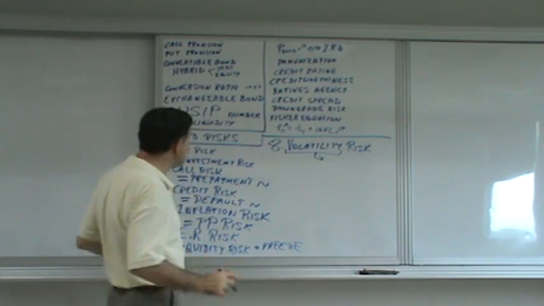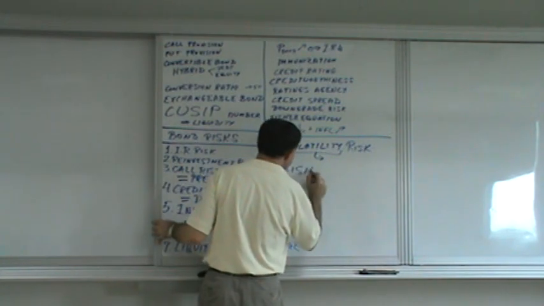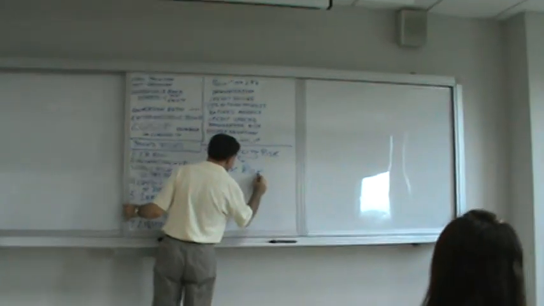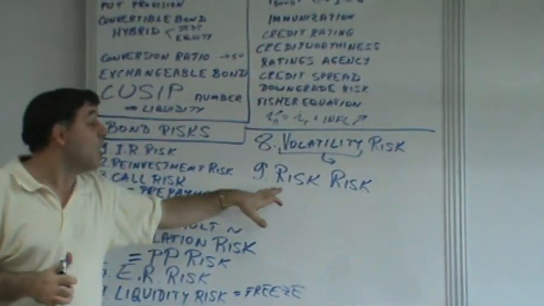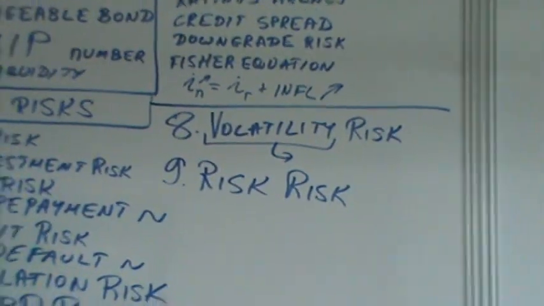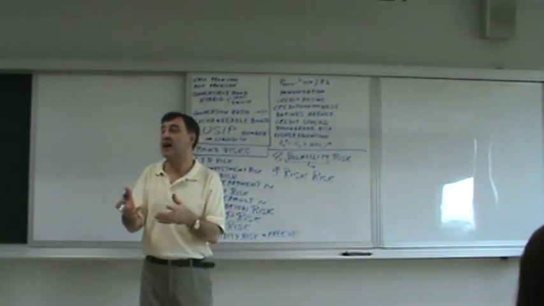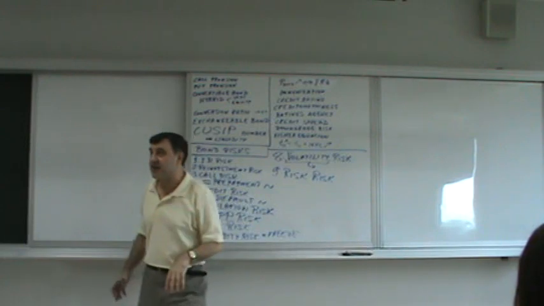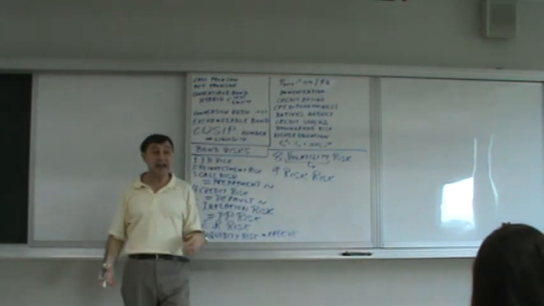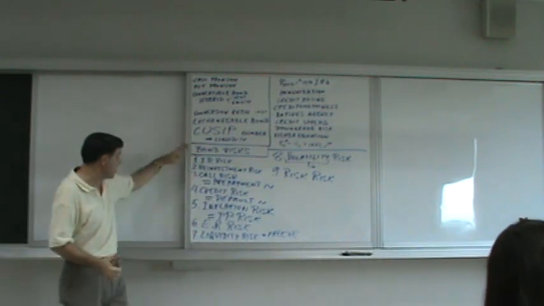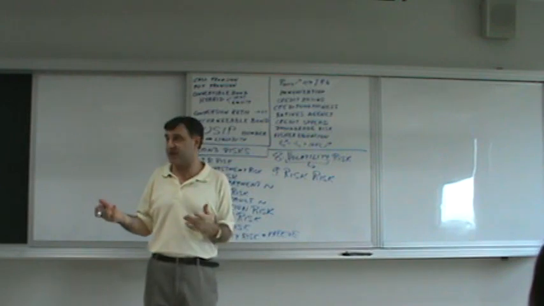And the last one is called risk. Risk is basically what is well known in finance and in the literature as the unknown unknown. In other words, you have a bunch of risks that you actually know. I just gave you like 8 or 9. You have a liquidity risk, but there's a whole bunch of other risks which we don't know.